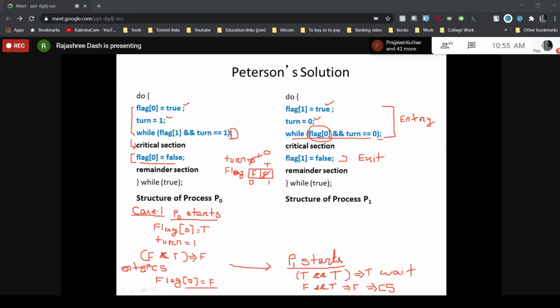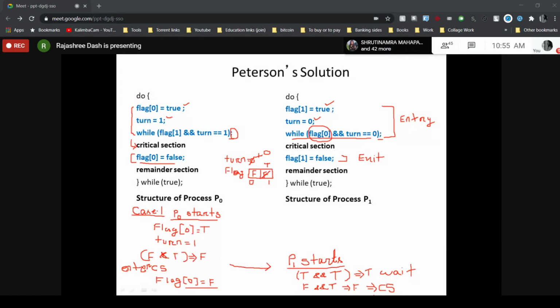While P0 completed its critical section, by executing the statement flag 0 equal to false, P1 automatically entered the critical section. So there is progress. That means a process enters the critical section when no other process is in the critical section. So the progress is also satisfied.